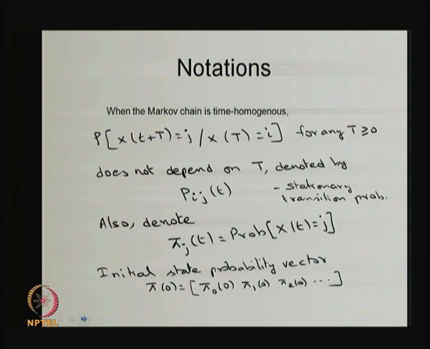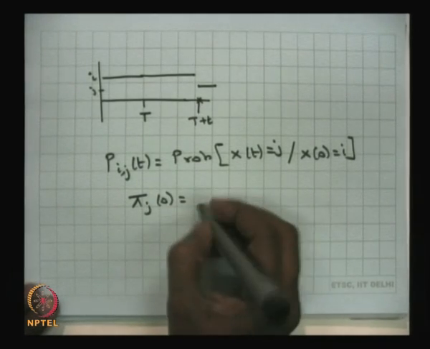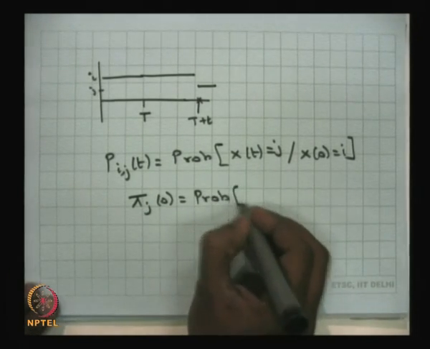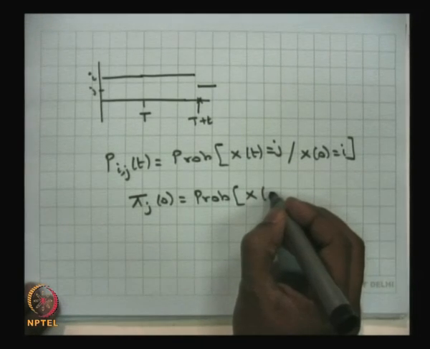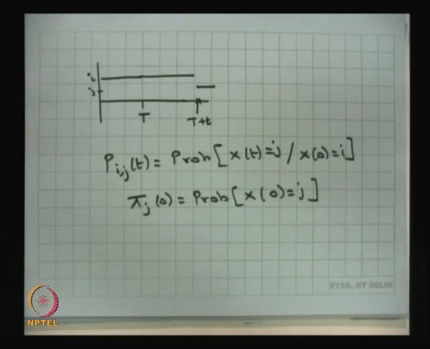I need another notation for an initial state probability vector also, that is pi naught. Pi naught is a vector which consists of entities: what is the probability that the system was in the state 0 at time 0? Therefore, I can write it as pi j of 0, that is nothing but the probability that the system was in state j at time 0. So this is the meaning of pi j of 0.